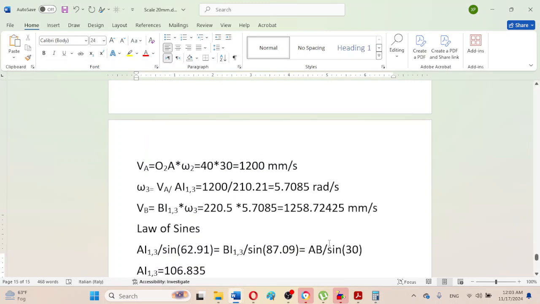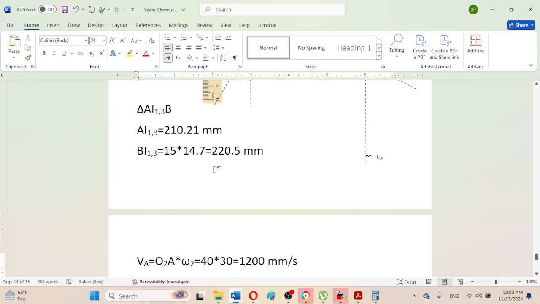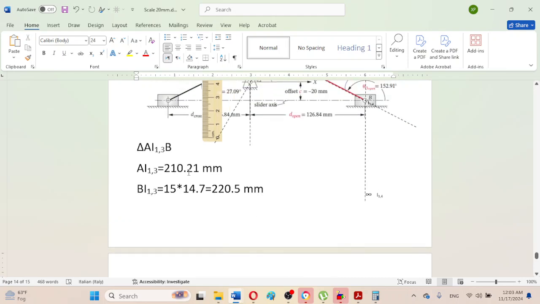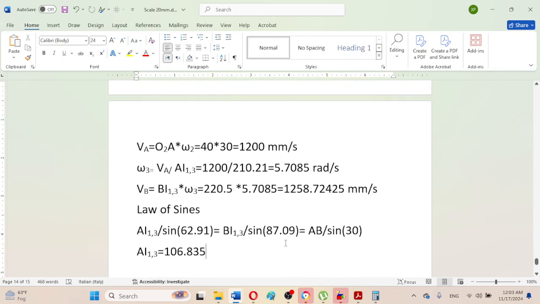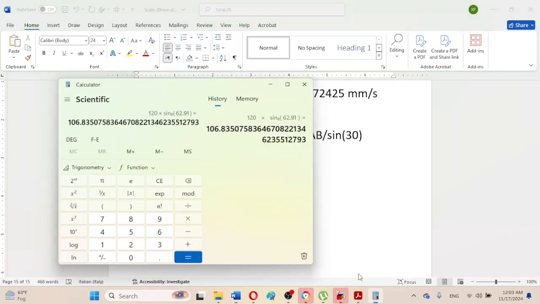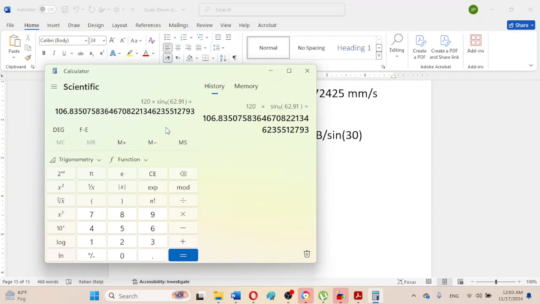So our graphical result was 210.21 millimeter. Let us see it once again. I still have to divide it by sine 30, so that was not divided, so just divide it by sine 30.